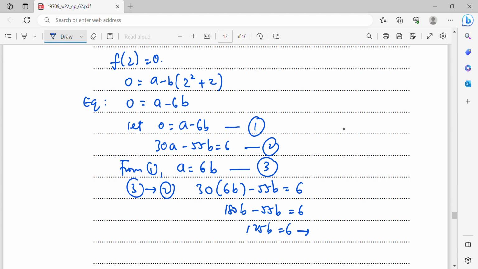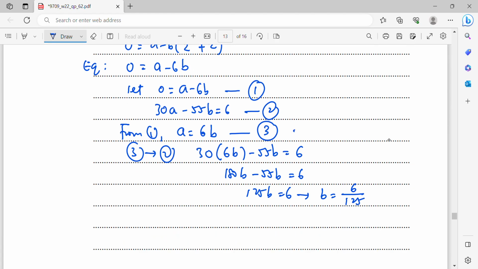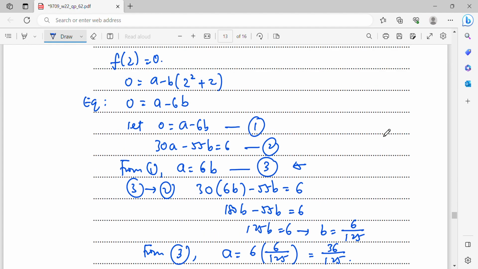Then hence your b is going to be 6 over 125. Okay, once you have found b, substitute back into the third equation. So from the third equation, my a is 6 times b. So you will be getting 36 over 125. Alright, so that is how I solve the question part 2.